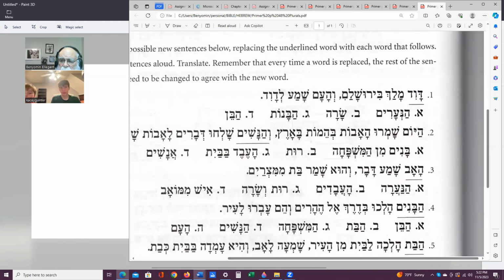What are we changing? Banim min hamishpacha. What does that mean? Sons from the family. So who's doing the work? Sons. And the underlying word here is the word that we're going to replace.